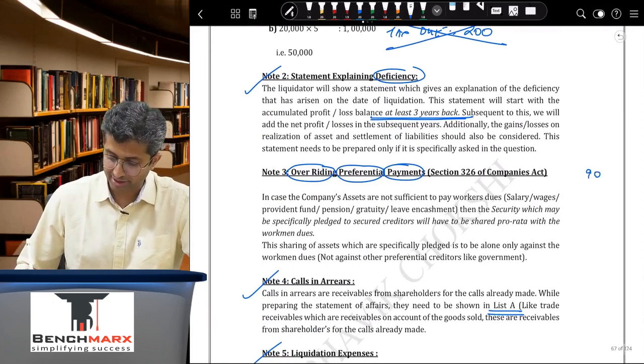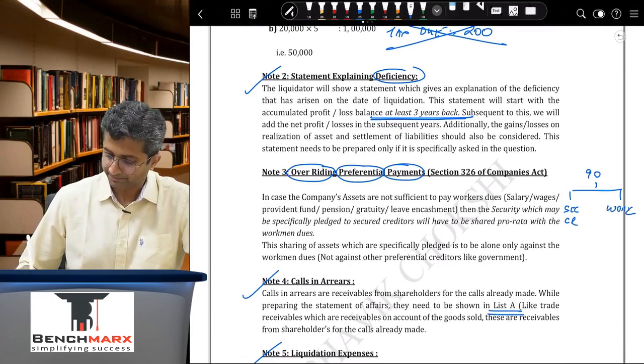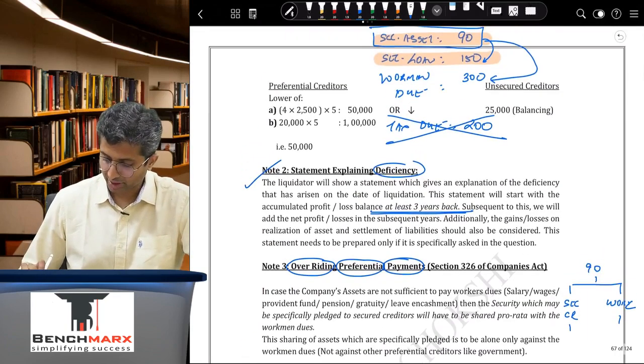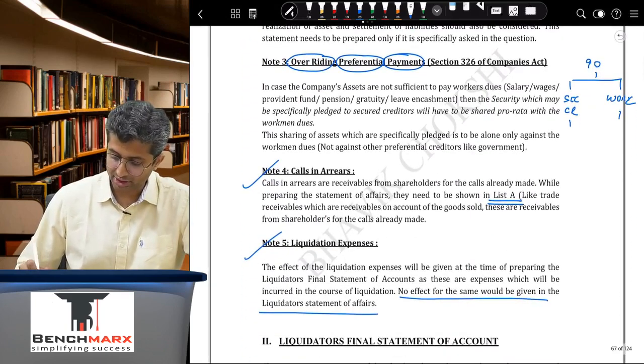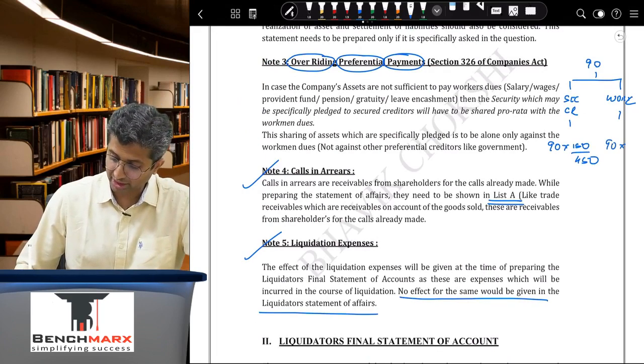So this 90 will be shared between the secured creditor and the workmen in the ratio of 150 to 300. So basically this is 90 into 150 upon 450, which is the 1 by 3 ratio, and 90 into 300 upon 450.